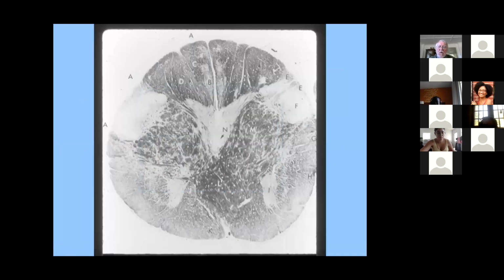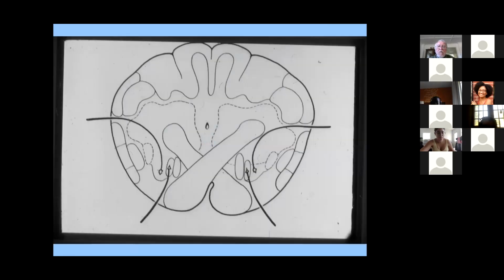Here you're starting to see some pyramids on the bottom. But here we're seeing definite pyramid on the bottom.